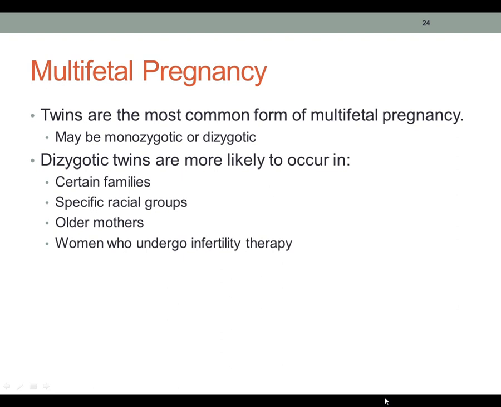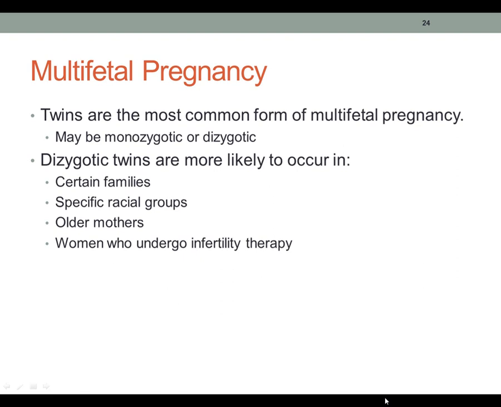So dizygotic twins are more likely to occur in certain families. And with dizygotic twins, usually it comes from the mother's side, because the mother has to throw two eggs in order for fraternal twins to happen.